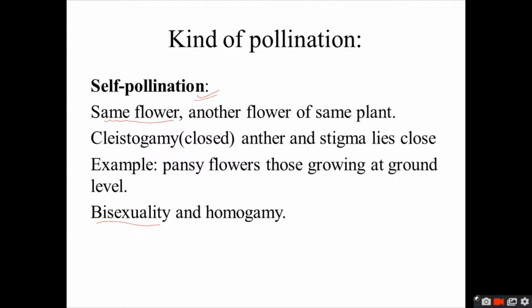Another important point is another flower of the same plant. Like in geitonogamy, we have seen the plant is the same but the flowers are different. Here again, geitonogamy is considered to be self-pollination. So self-pollination is basically about the same plant, and it has two different principles, that is autogamy and geitonogamy.